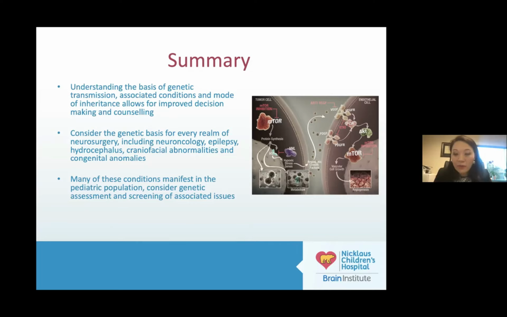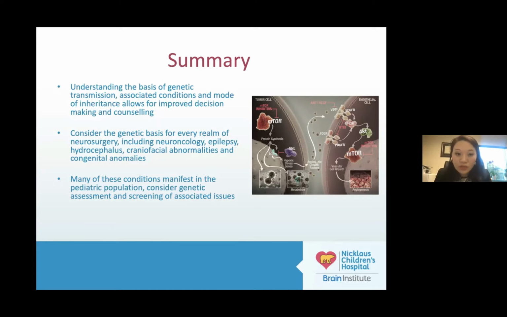And hopefully I will have given you a greater understanding of the genetic underlyings of many of these conditions, the mode of inheritance, the frequency, in addition to its applicability to neurosurgery from all of the cases that we have spoken about as well.